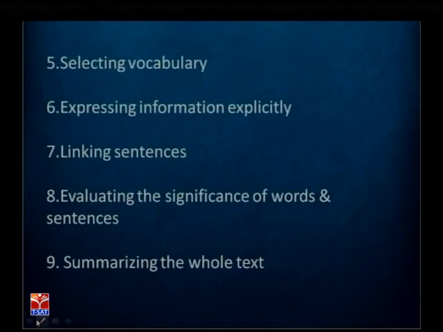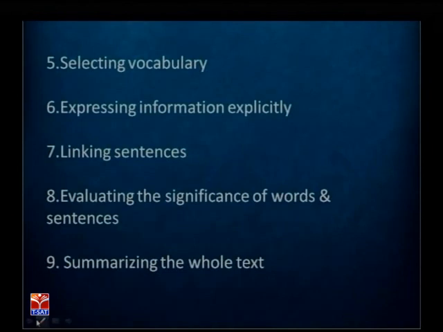If the vocabulary is unknown, automatically that gives a gap between the reader and the writer. So vocabulary is a major part. And the next one is expressing information explicitly. Whatever the information, it should be very clearly explained in the text, giving a complete picture or complete information.